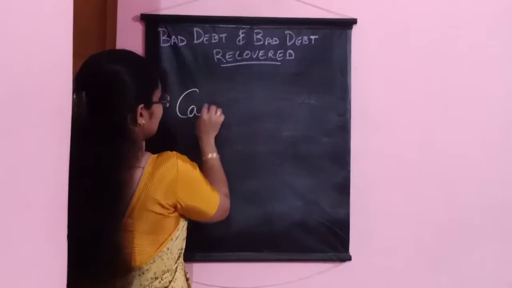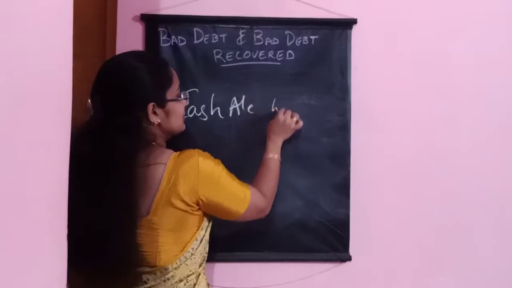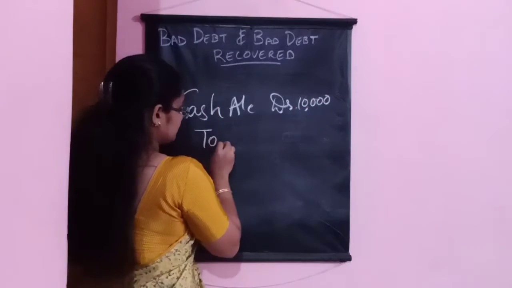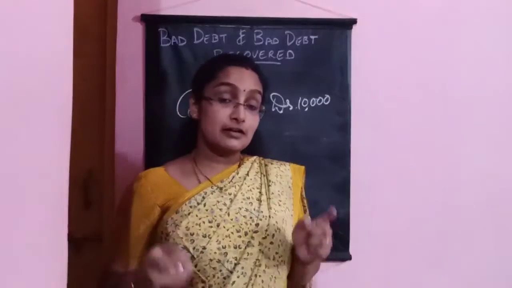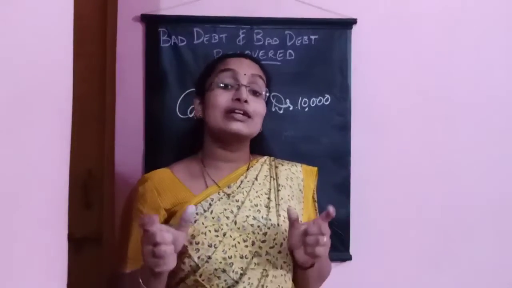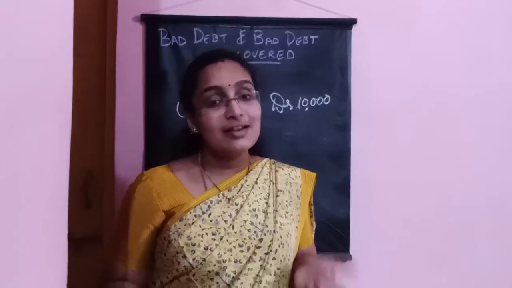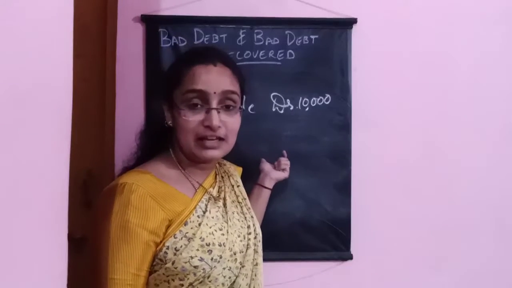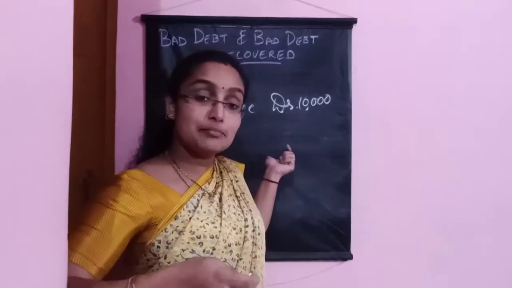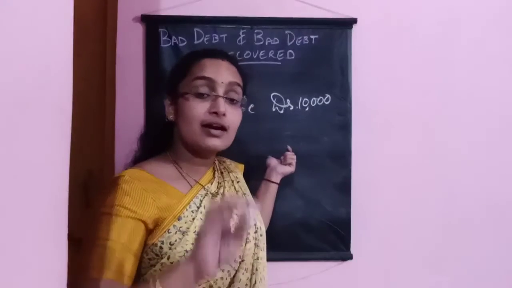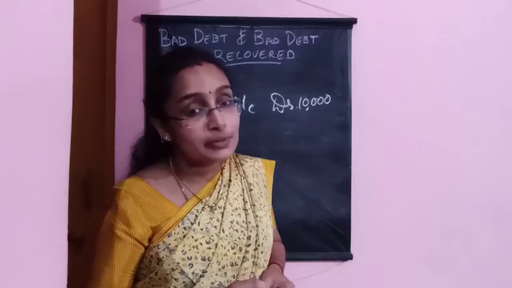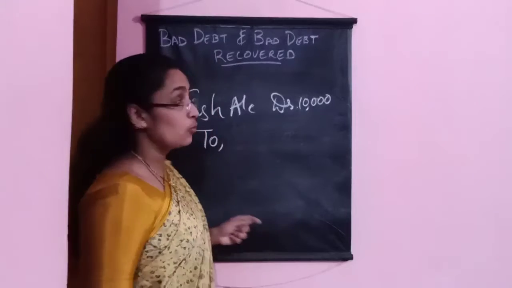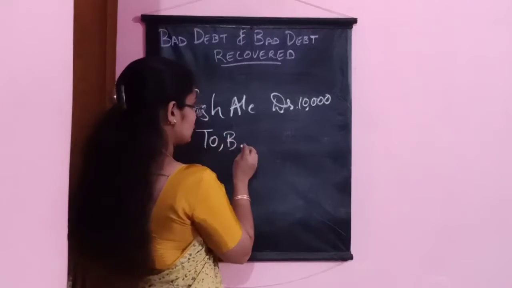So, cash account debit rupees 10,000 to... never can a customer's account or a debtor's account which has been closed be written or credited in the recovery period. When a bad debt written off is recovered back, the person's account can never be opened again because it has been closed. And so, the bad debts recovered account will come.